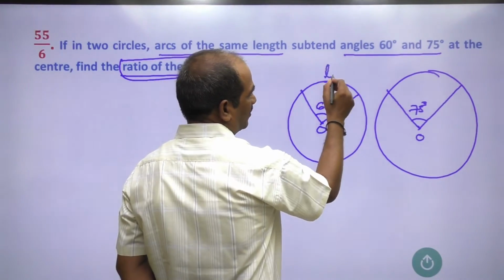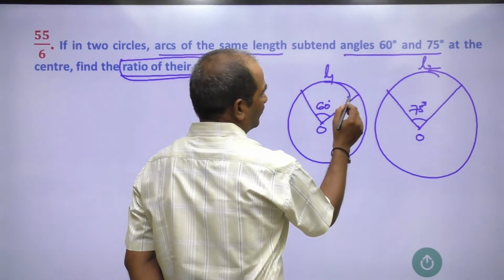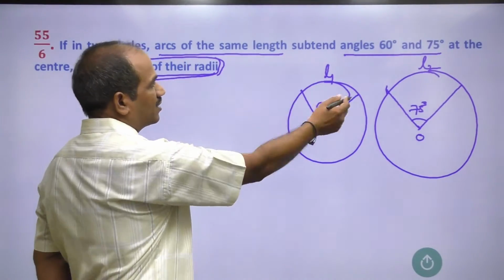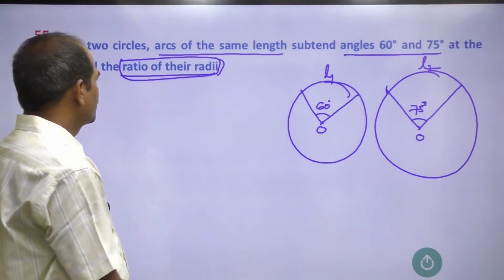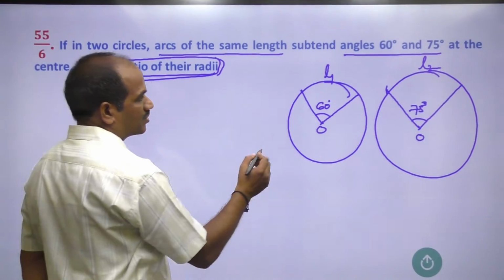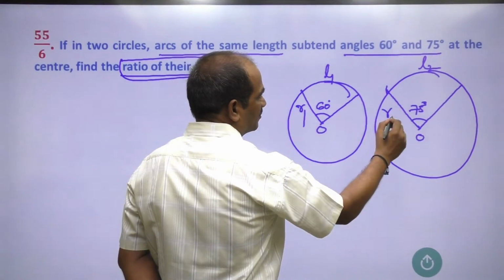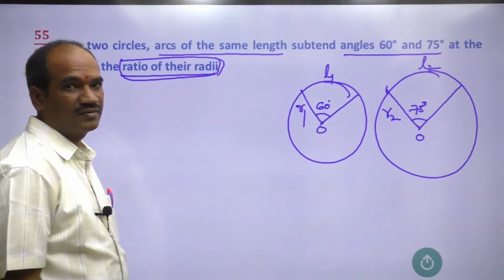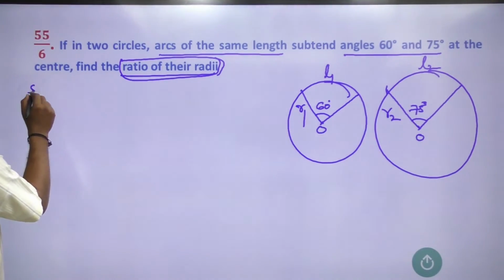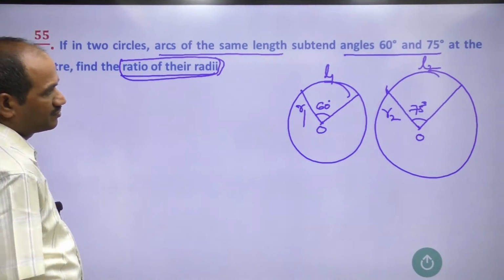This length is L1, this length is L2. By the given data, these lengths are equal. Find the ratio of their radii. This radius is R1, this radius is R2. In the solution, first write the given data.